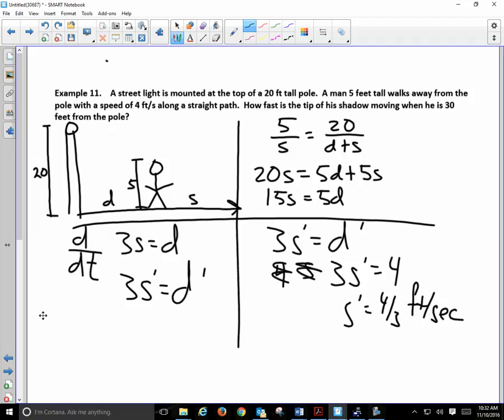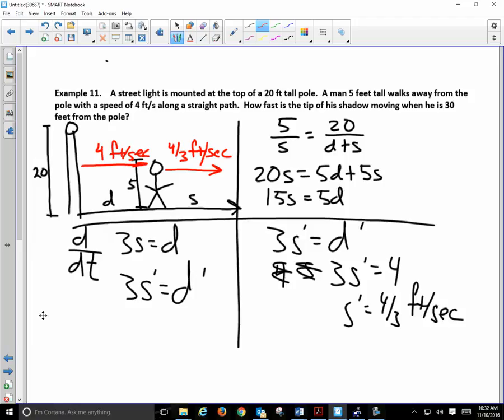3 feet per second. So you can see that the shadow is moving at a rate of 4/3 feet per second away from the man. But he is also moving 4 feet per second away from the light pole. If it said how fast is the tip of the shadow moving away from the man, then we would want the 4/3.